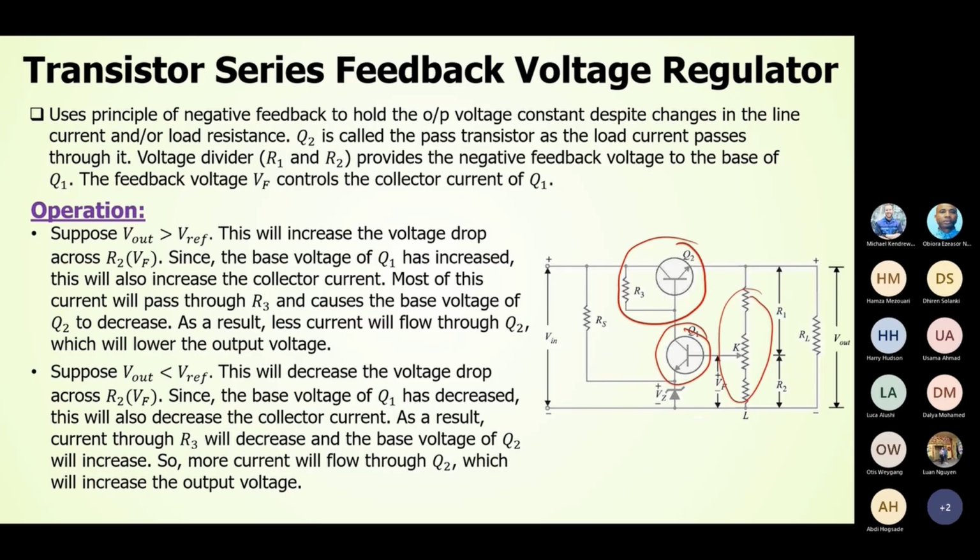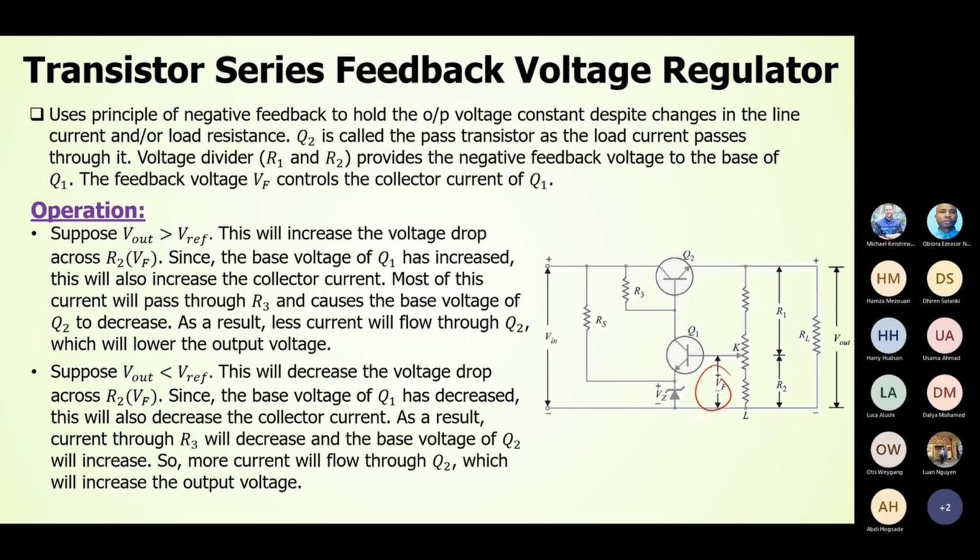Okay. So suppose our output voltage is greater than the reference voltage. Then what will happen? By the voltage divider rule, the feedback voltage will also increase.